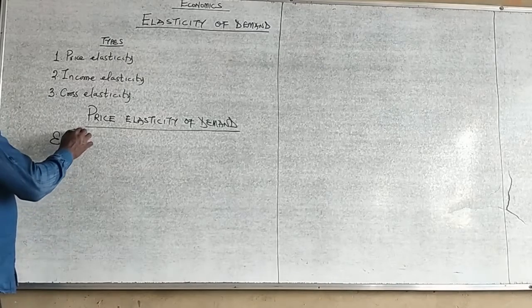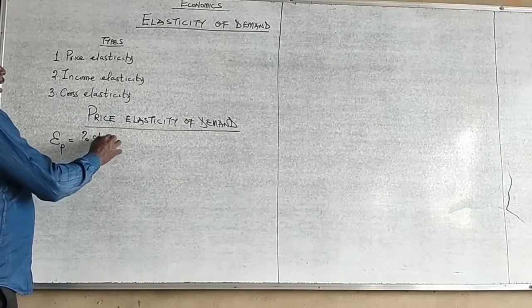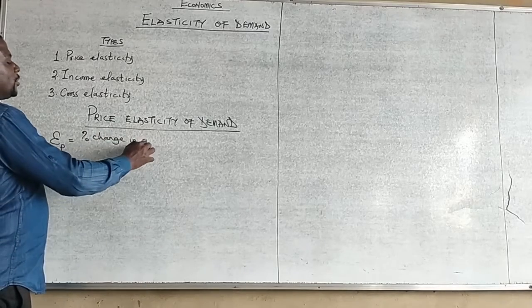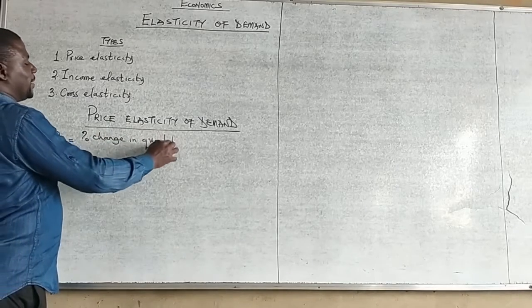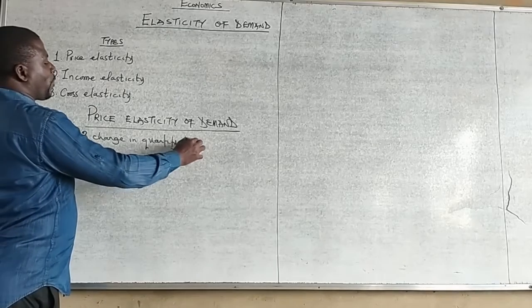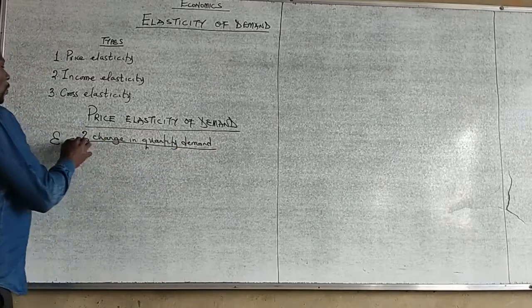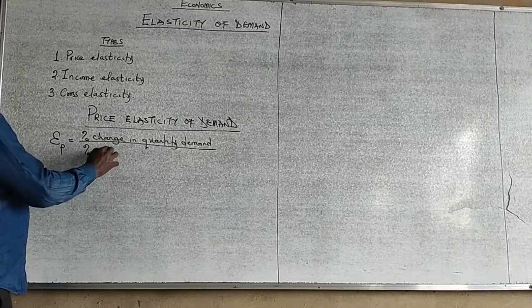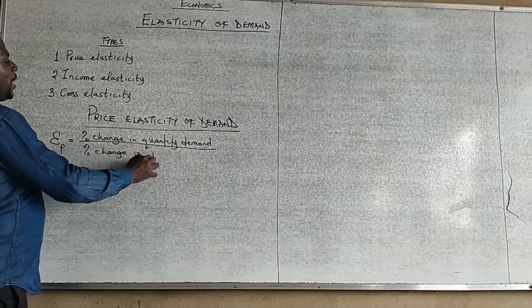So it is percentage change. The formula is percentage change in quantity demanded over percentage change in price.